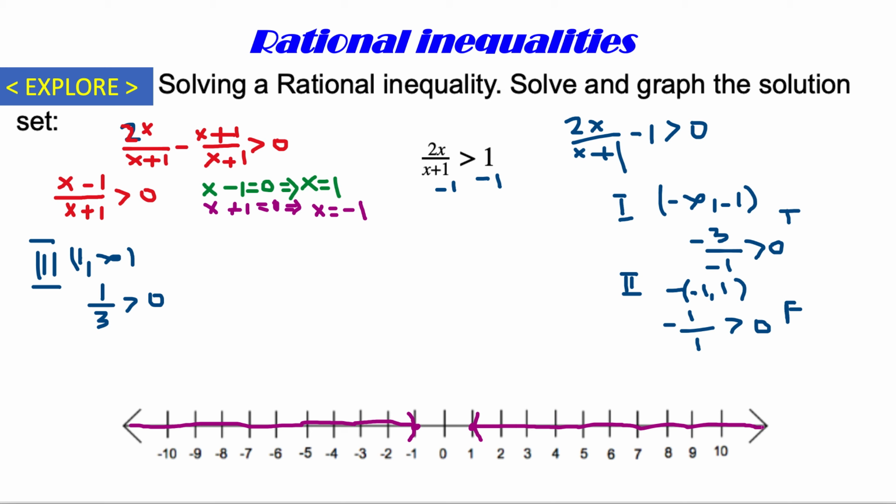Here is the solution: any x that we take is an element of the open interval from minus infinity to minus 1, union the interval from 1 to infinity, which is going to satisfy this inequality.